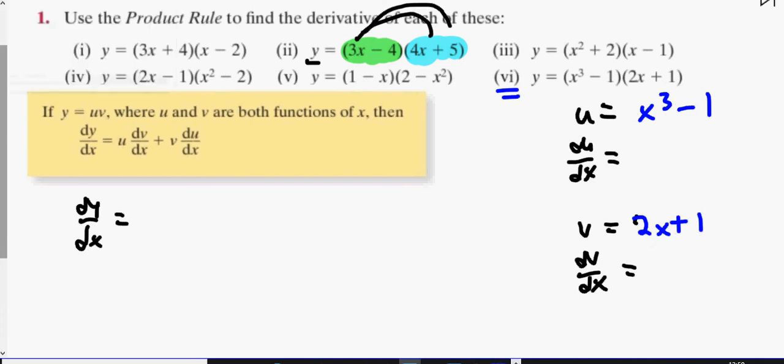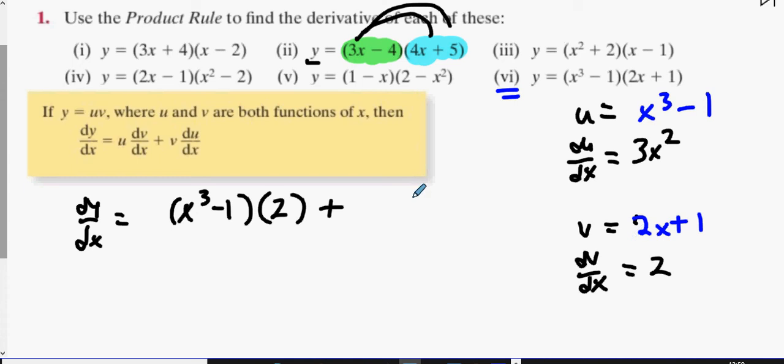Alright, so we're going to differentiate u. Bring the 3 to the front, take 1 away from the power, 3x squared. Any regular number always turns to 0. 2x turns to 2, 1 turns to 0. Now fill in your numbers. u is x cubed, take away 1, but that's going to get multiplied by 2, because 2 is the dv/dx. v is 2x plus 1, and it's going to get multiplied by 3x squared. x cubed multiplied by 2 is 2x cubed.